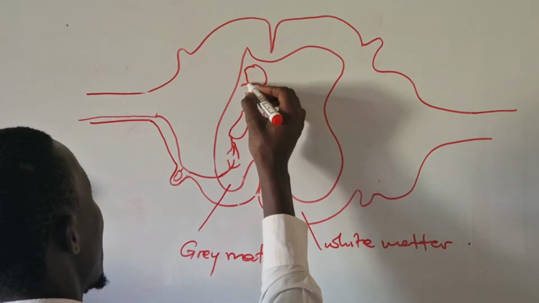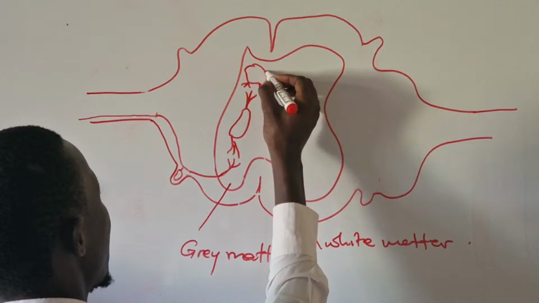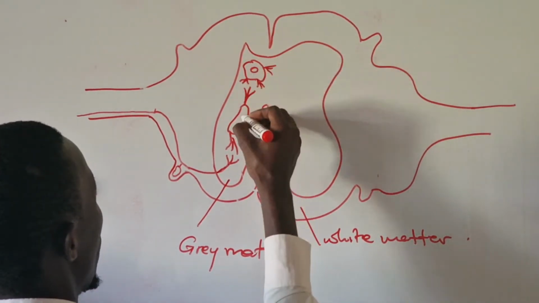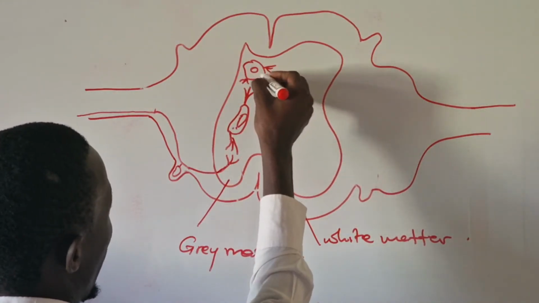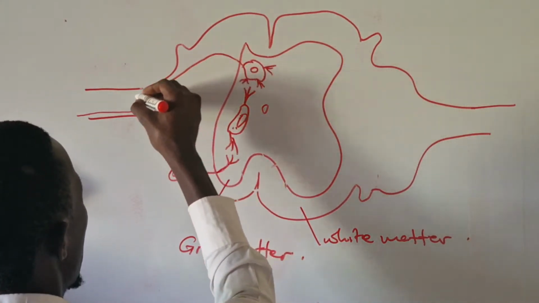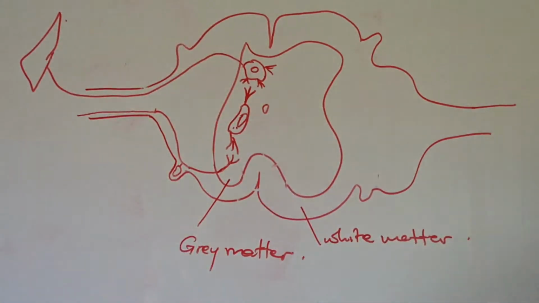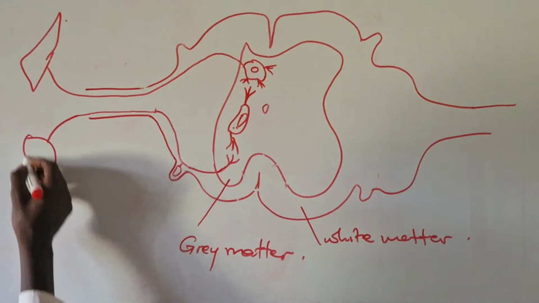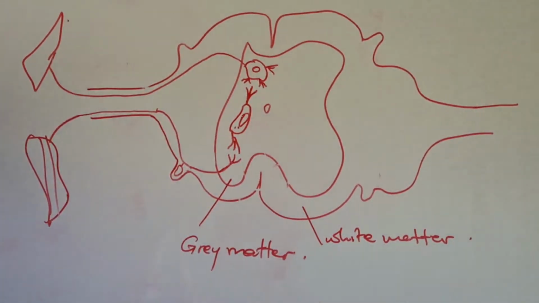We said it is the cell body of the motor neuron that is located inside the gray matter of the spinal cord. So this is a leading neuron. For the motor neuron, it has a very long axon connecting to the effector tissue, and the sensory neuron connects to the receptor cells by the dendron.